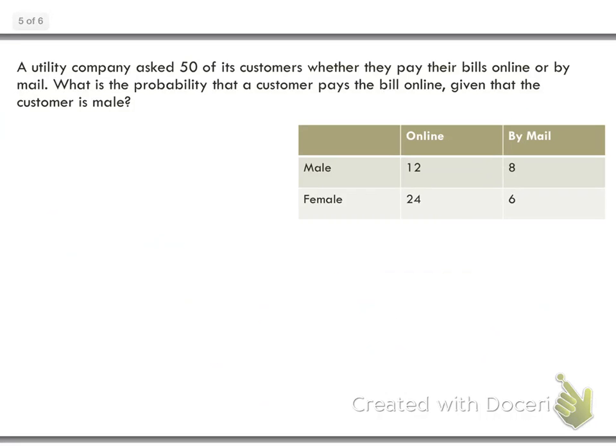Okay, a utility company asks 50 of its customers whether they pay bills online or by mail. What is the probability that a customer pays the bill online given that the customer is male? So I need the male and the online. So I know it's 12 out of how many people? Okay, so this one's a little trickier because it's giving you this weird piece of information.